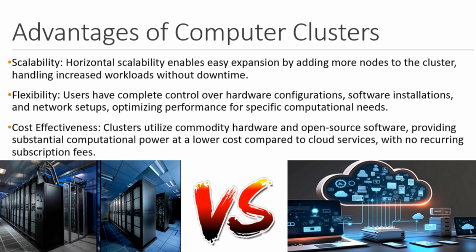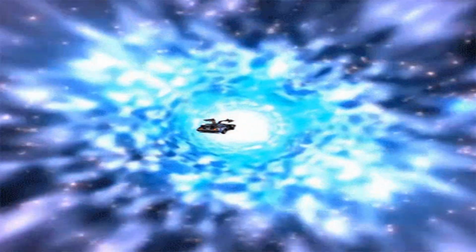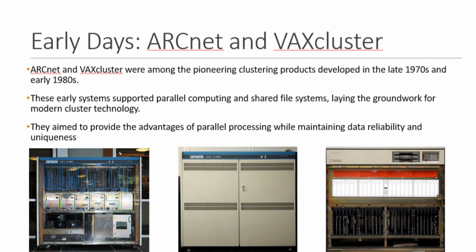Anyways, let's talk a bit more in detail about the background and history of computer clusters. To understand the significance of computer clusters, let's take a journey back in time. The concept of clustering dates back to the late 1970s when DataPoint developed ARCnet, the first commercial computer cluster.